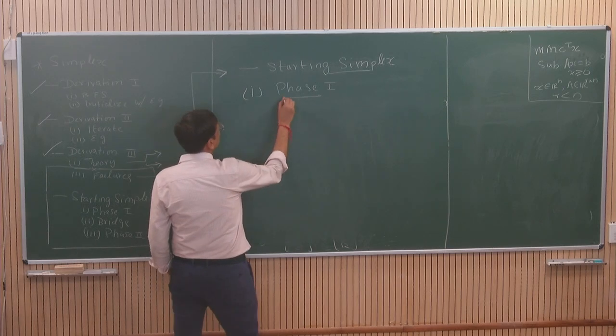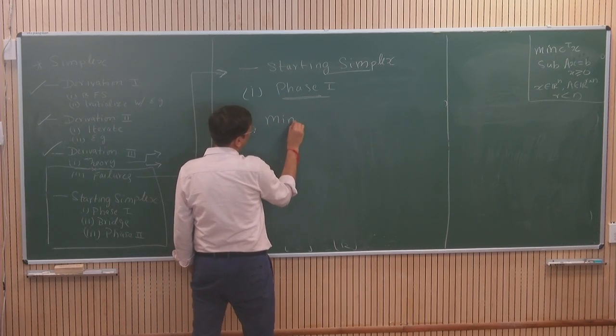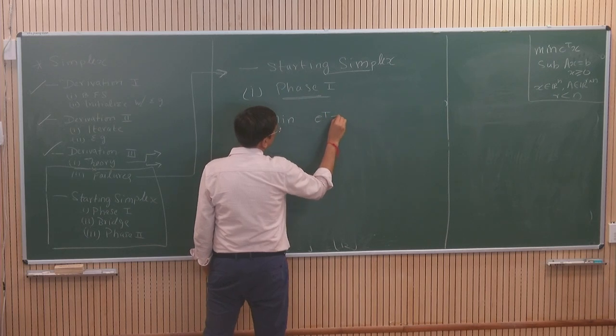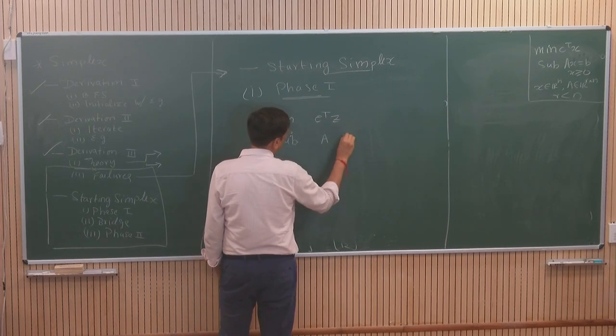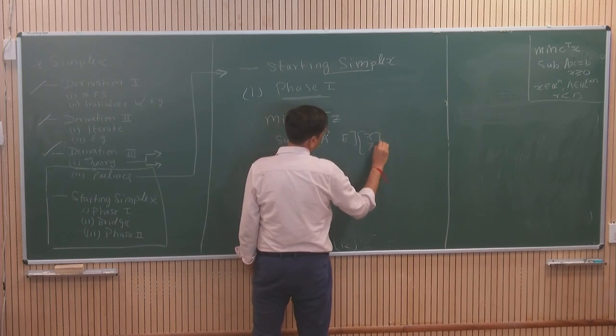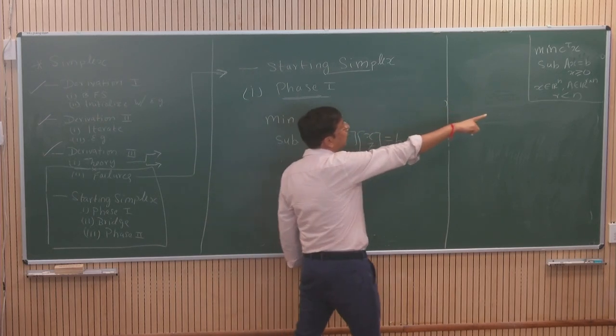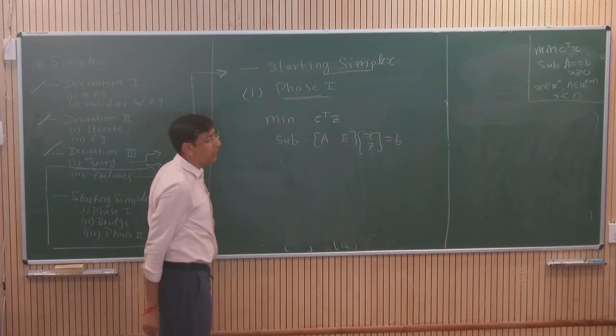So the phase 1 part, the LP which we'll solve is the following: minimize e transpose z subject to Ax plus Ez equal to b, x, z greater than or equal to 0. The original LP is still this, but I am solving a slightly different LP.